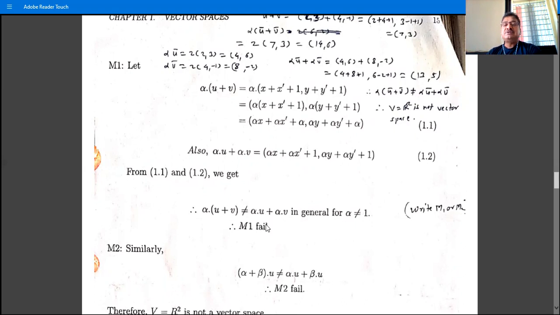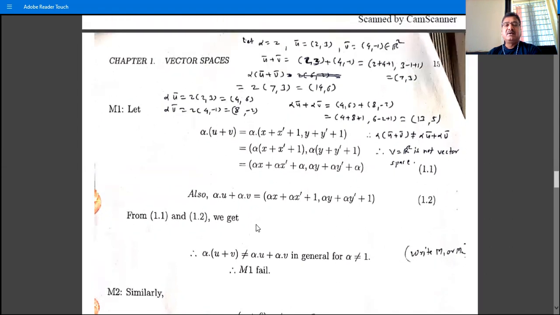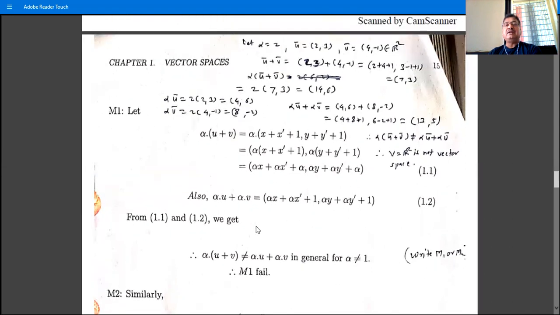When we have to show this property fails for the set, we have to give the counterexample. Either write this proof, which is the general proof, a general statement. Take general elements: u bar as (x, y, z), v bar as (x', y', z'). And then what is the LHS?